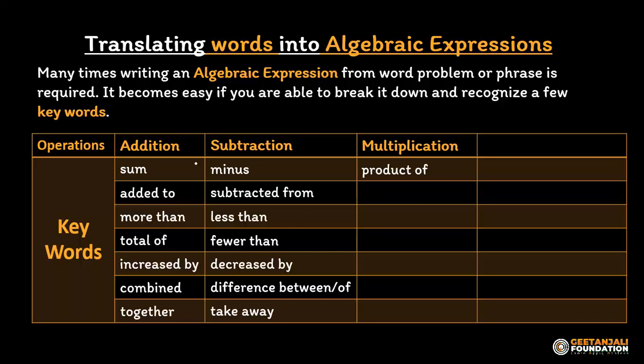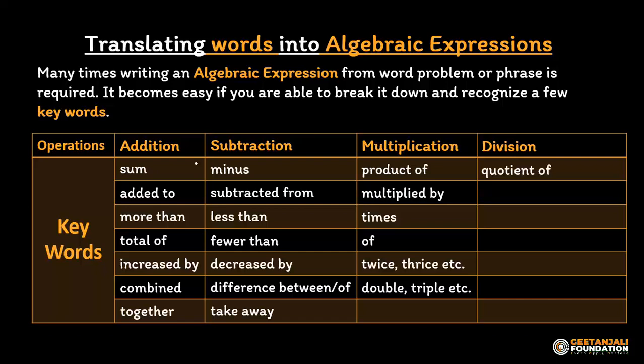For multiplication, you will see the phrases like product of, multiplied by, times, of, twice, thrice, etc. Double, triple, etc. For division, you will see quotient of, divided by, out of, ratio of, percent. Whenever you see a percent, you need to divide it by 100. Shared equally. So whenever you see these keywords in a word problem, you should be able to find which operator you're going to use over there.